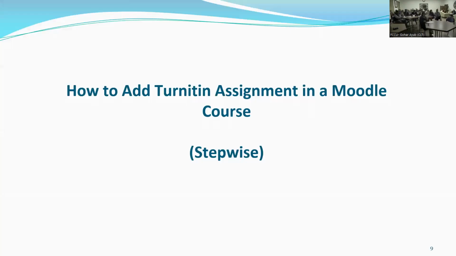Now, mostly we are supposed to use Turnitin through Moodle. Why do we have to do this? Because when we add students to Turnitin directly, the only problem is that we have to remove those students manually ourselves after the semester is over.